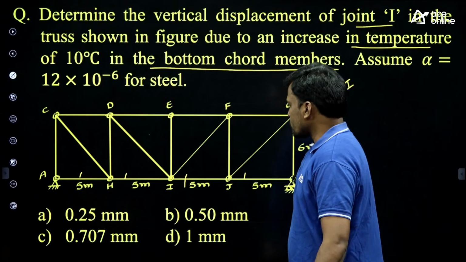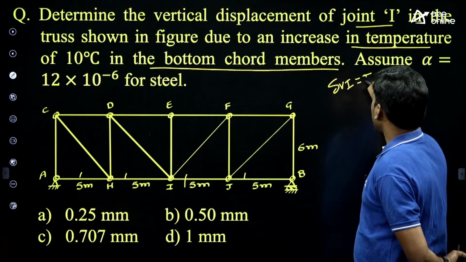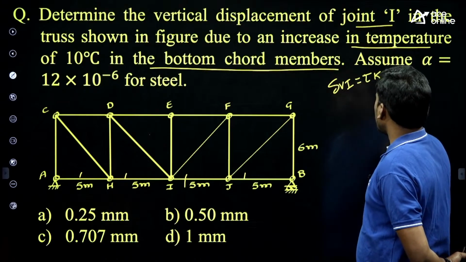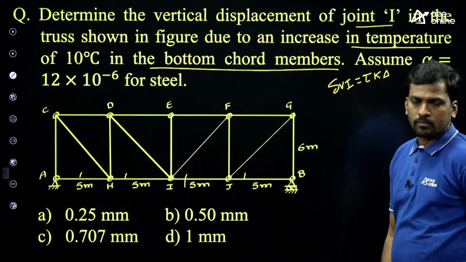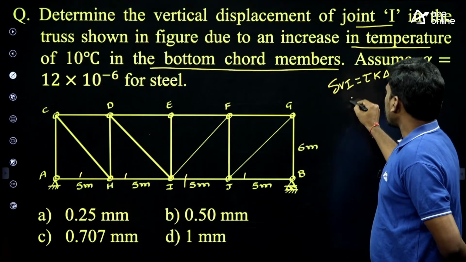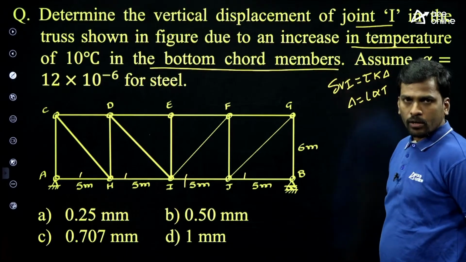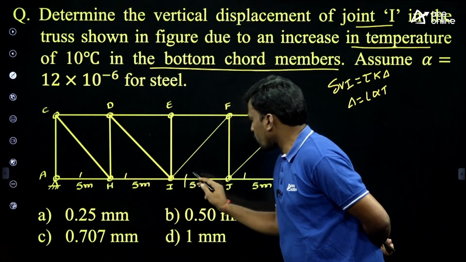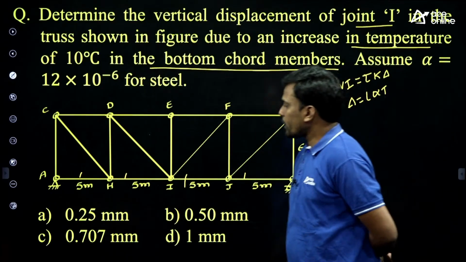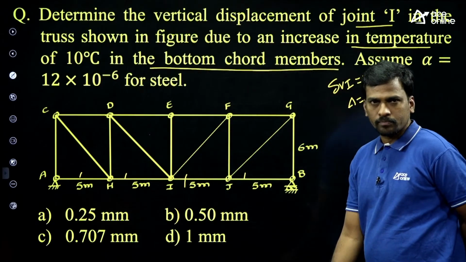Okay. Now students, what is the formula? Summation of k into delta, right? No need to find the k values in all the members, because here delta equals L alpha T. In the question given, there is a changing temperature only in these bottom horizontal members, right? Then we have to find the k values only in these bottom horizontal members.